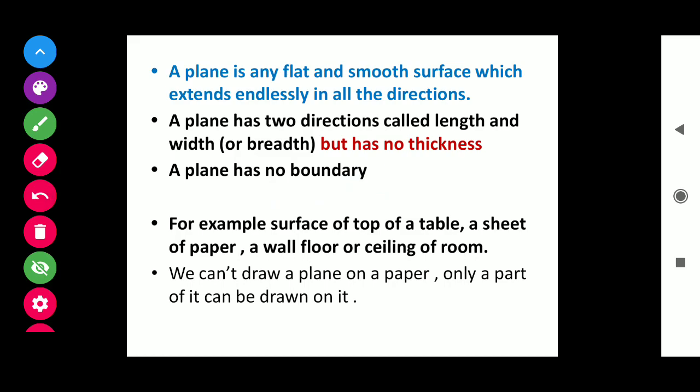Examples of a plane are paper. Any paper can be said to be a plane. A wall or floor can be said to be a plane. Then a tabletop is also a plane. We can't draw a plane on paper. Only a part of it can be drawn.